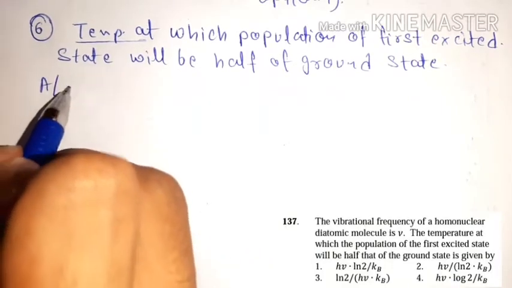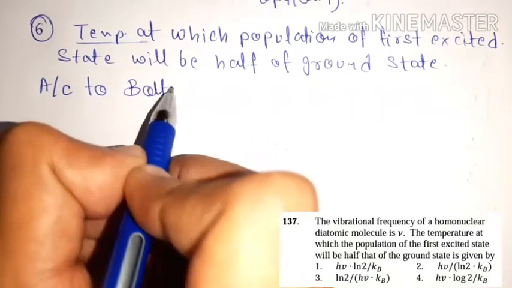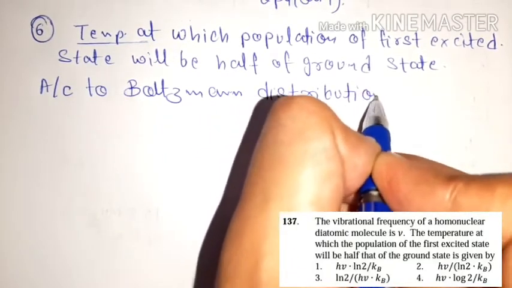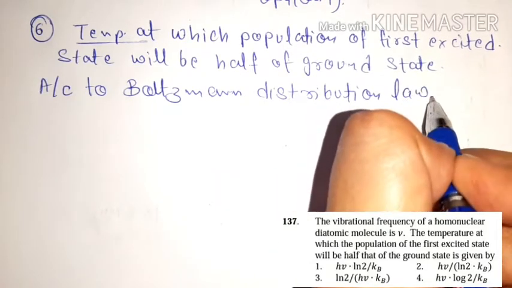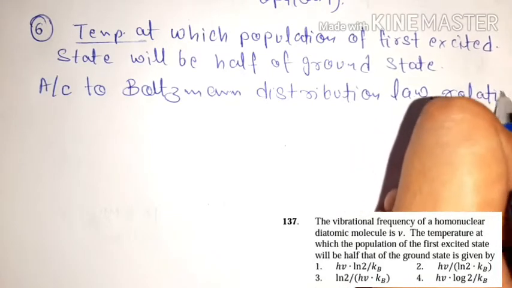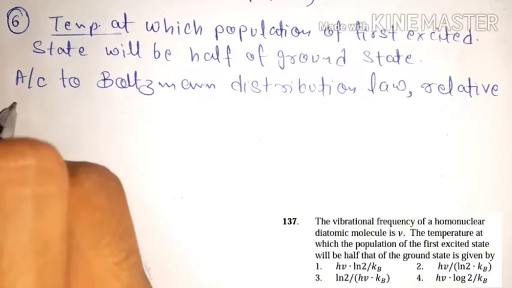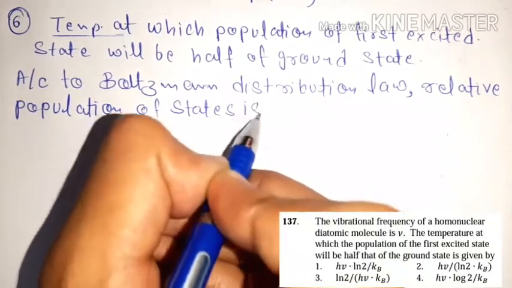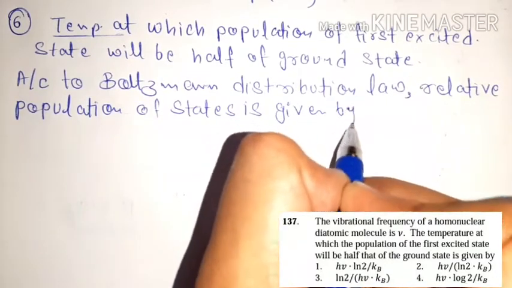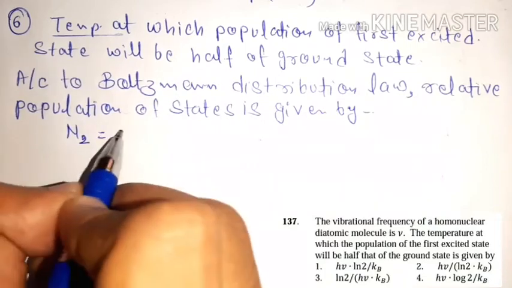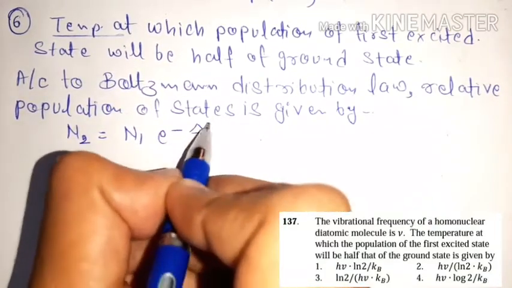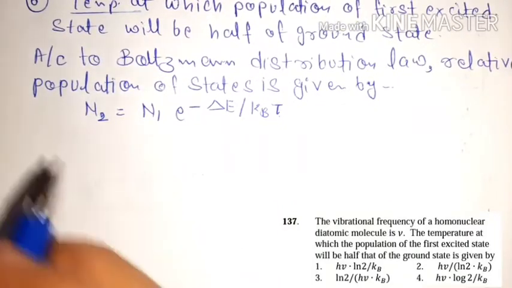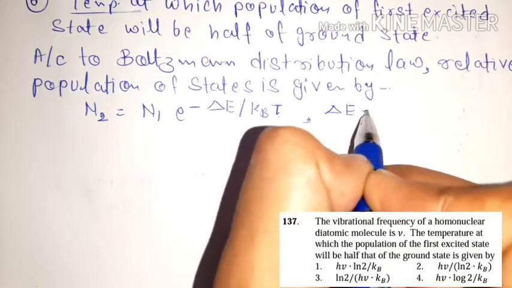According to the Boltzmann distribution law, the relative population of states is given by a formula which says that n2 is equal to n1 e to the power minus delta E upon kB into T. Here you use that the energy is in terms of h nu.